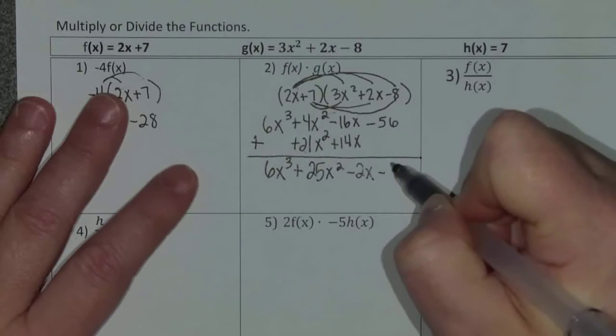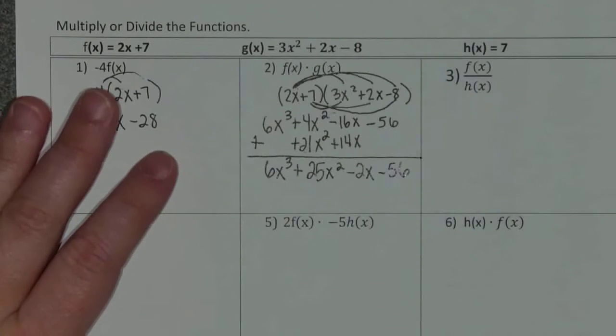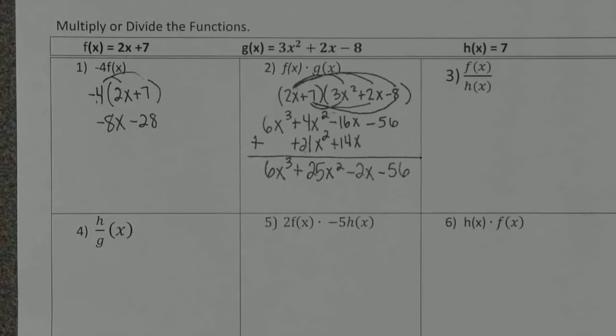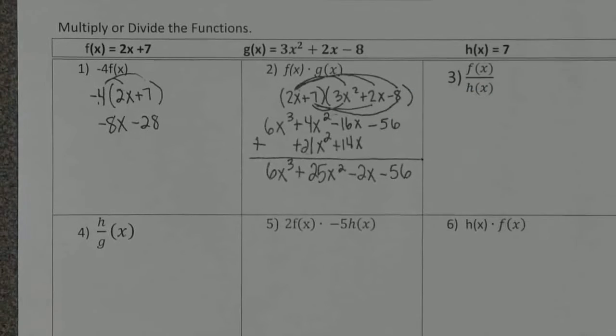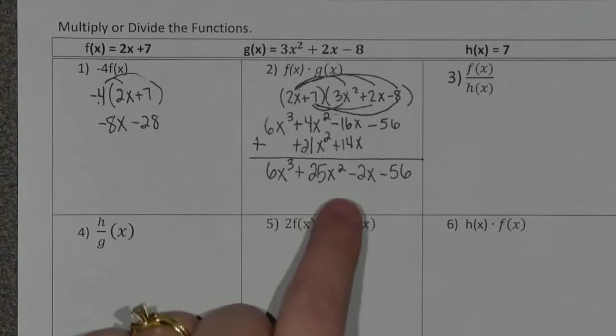And then that -56 gets to stand by itself. So when it asks me to multiply two functions, I just write them next to each other, and I just distribute like crazy. I like to call that the FOIL method on steroids, because we just keep multiplying until we've multiplied everything by everything. Okay, this is my solution.